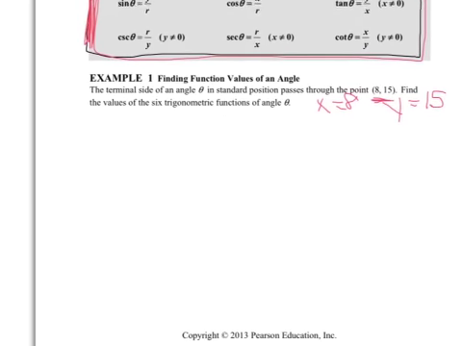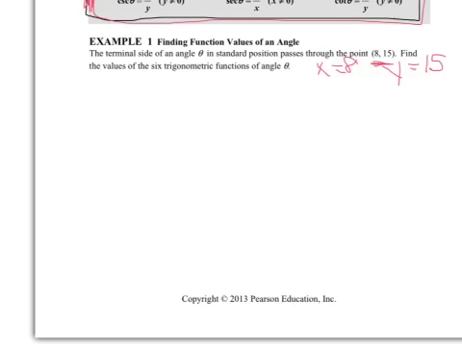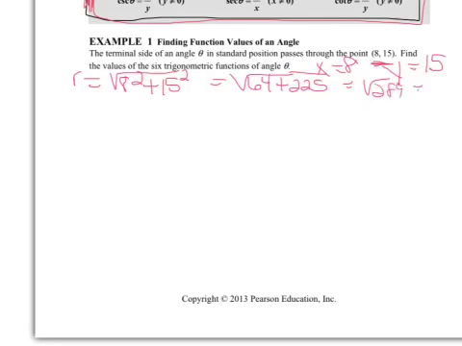So r equals the square root of 8 squared plus 15 squared, which is 64 plus 225, which gives us the square root of 289, which equals 17. So now we know that our x equals 8, our y equals 15, and our r equals 17.